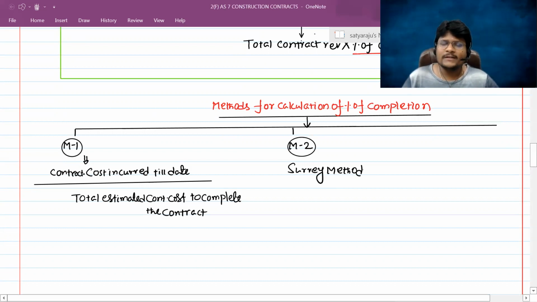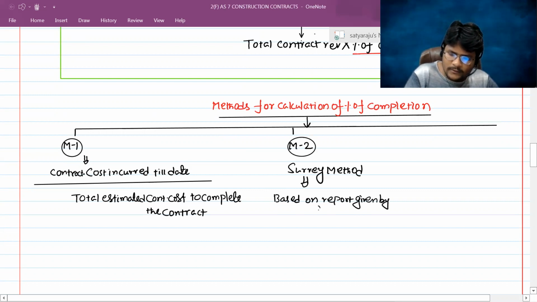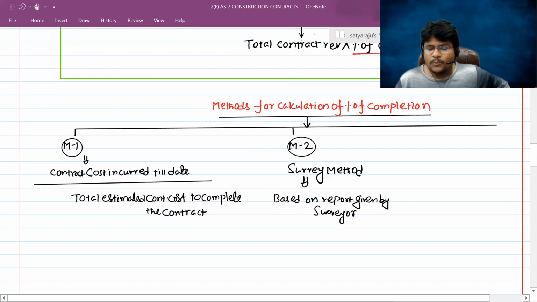He has certain measurements, and by using technology he can easily identify how much percentage was completed. That is completely a technical evaluation process. So a surveyor will be appointed, and it is based on the report given by the surveyor, guys.